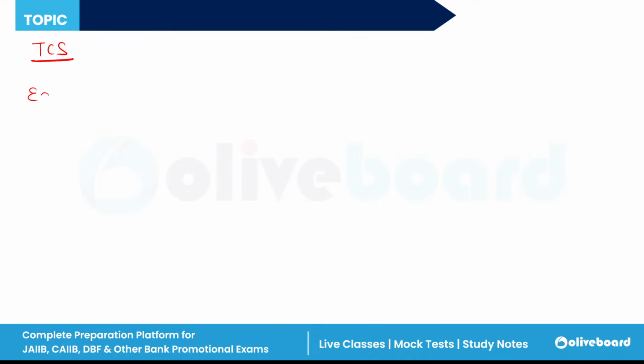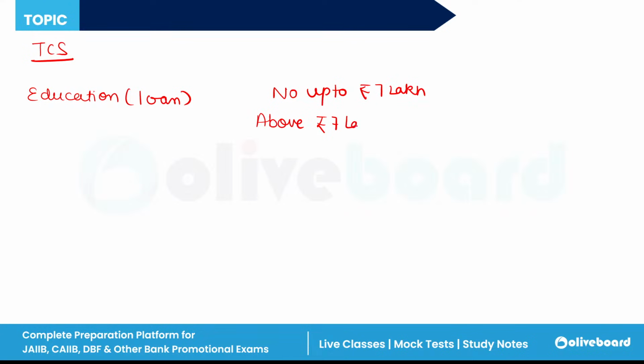In the case of education, that is basically a loan, in that case no taxation up to rupees 7 lakh. But in the case of above rupees 7 lakh, 0.5% is needed, right?